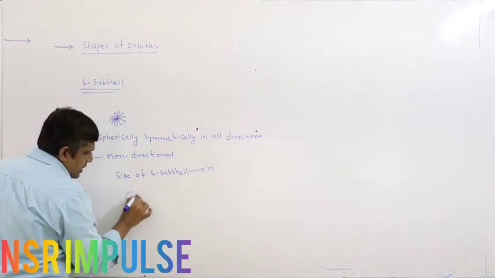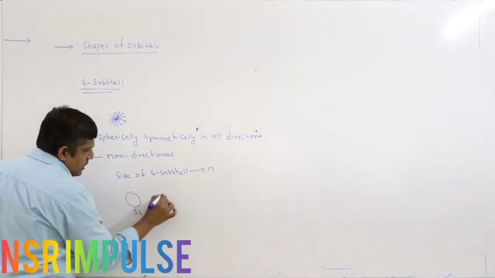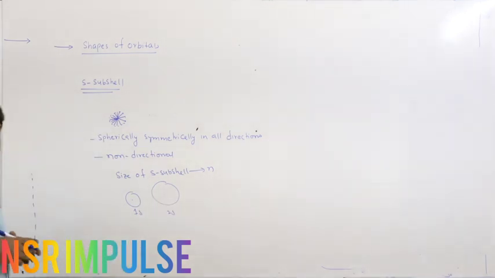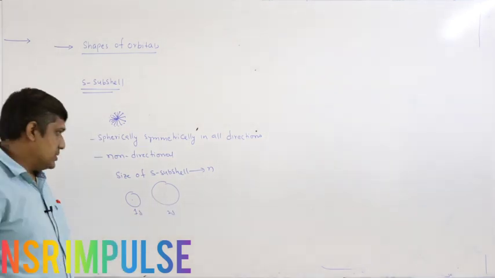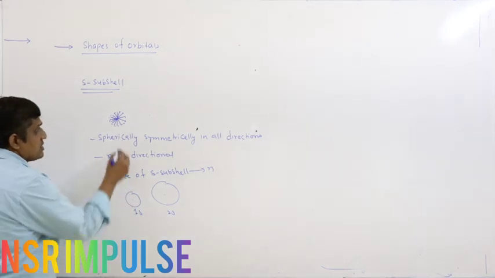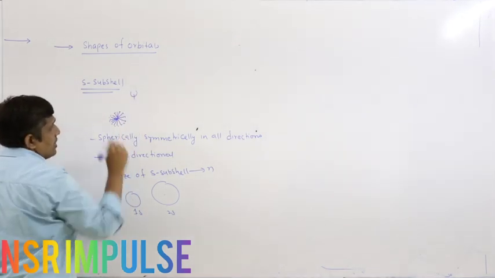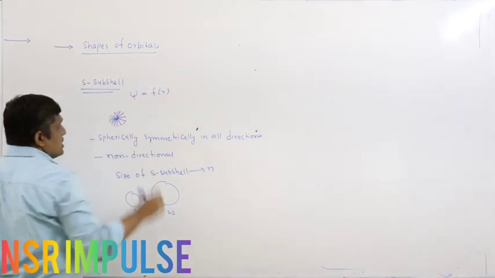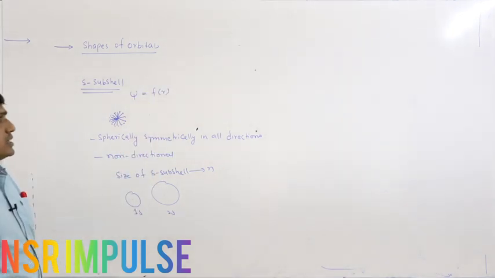So if I take 1s and 2s, the size of 2s is greater than the size of 1s. So once again, the wave function is found to depend upon only one variable, that is distance from the nucleus.